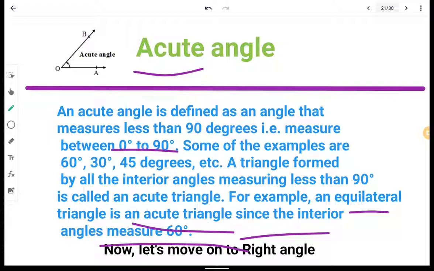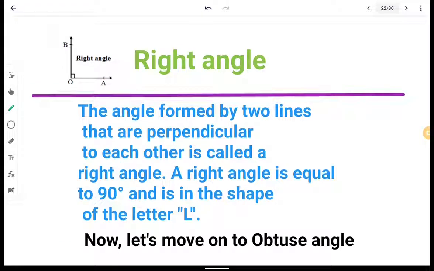Correct? Now it's time to move on to the L-shaped angle, meaning the right angle. Some of you might ask, why are they saying L-shaped angle? You can take a look at the picture. Is this not looking to you like an L? So let us go to the definition.